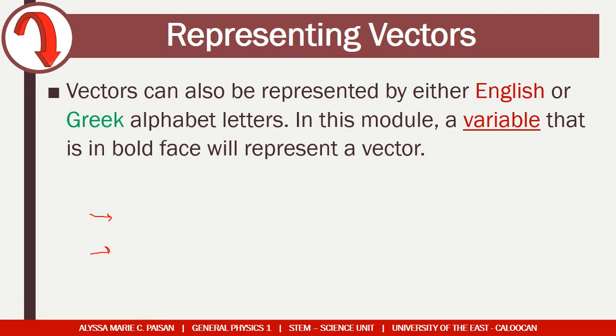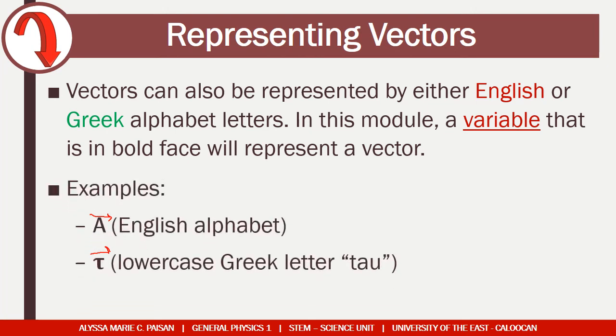So here are some examples. We have here the A, that is in boldface, that's vector A. And then also we have the Greek letter tau, lowercase, that is a representation of the vector quantity torque.